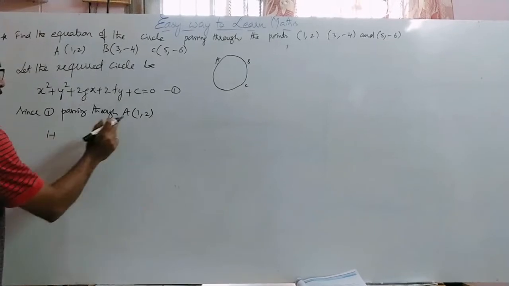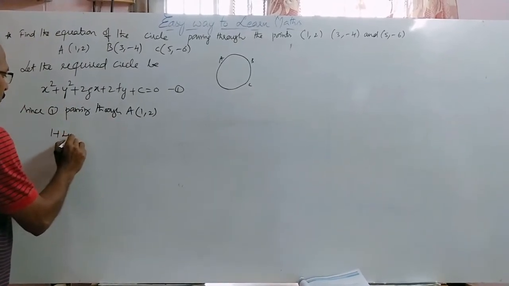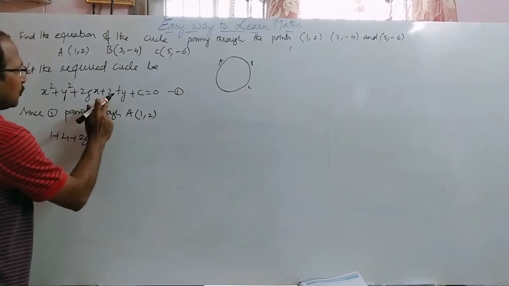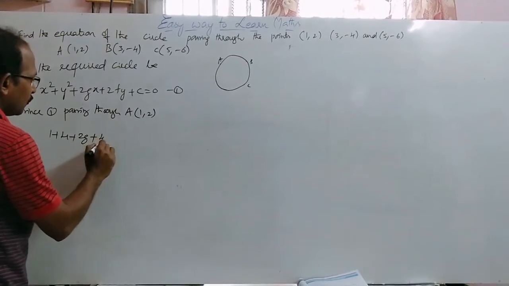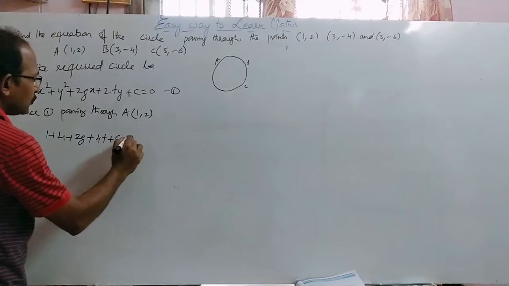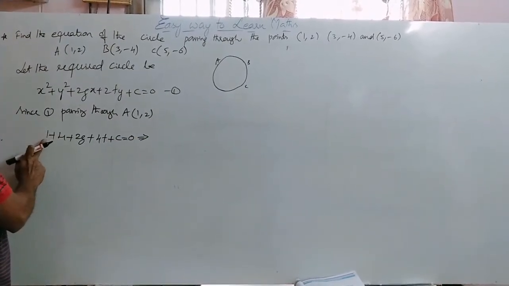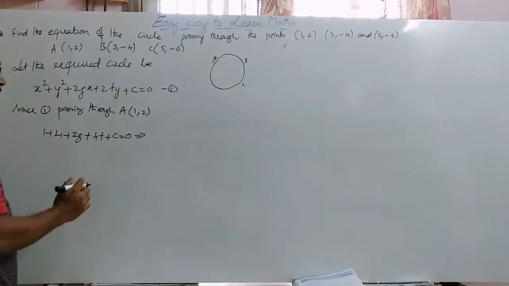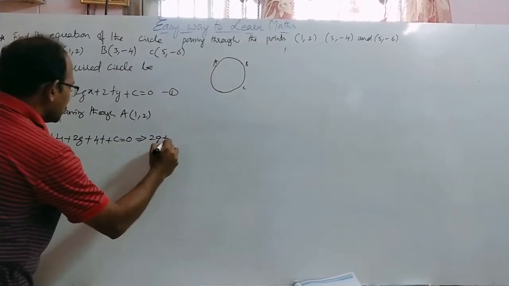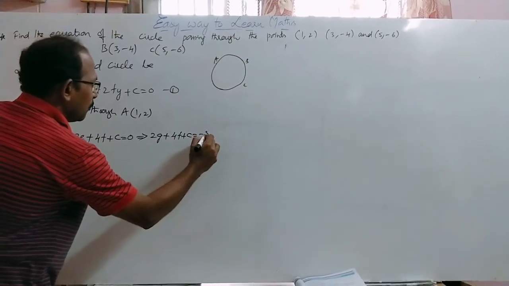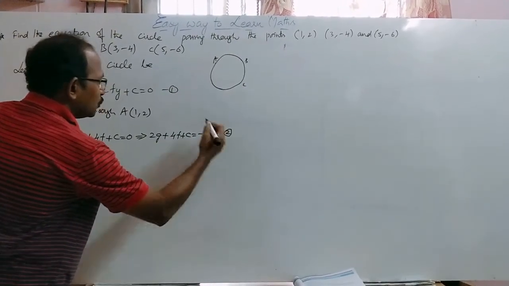Then 1 square 1 plus 2 square 4 plus 2g into 1, 2g, plus 2f into 2, 4f, plus c is equal to 0. Here the constant values are 4 plus 1, 5. Shifting to RHS, 2g plus 4f plus c is equal to minus 5, say equation 2.